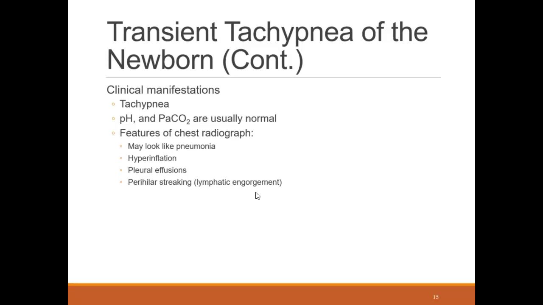I've never seen it look like pneumonia, though I guess technically it could. You could have some hyperinflation from blocked airways, but mostly I see pleural effusions with that perihilar streaking.